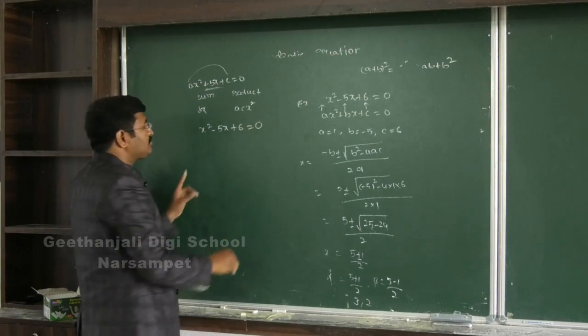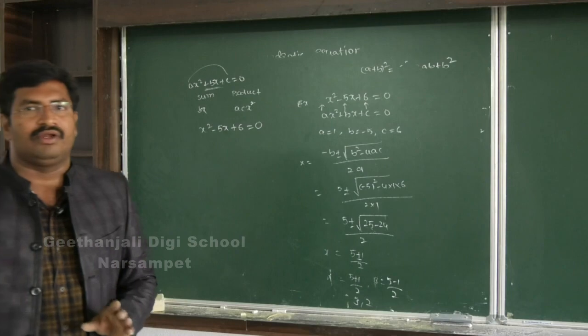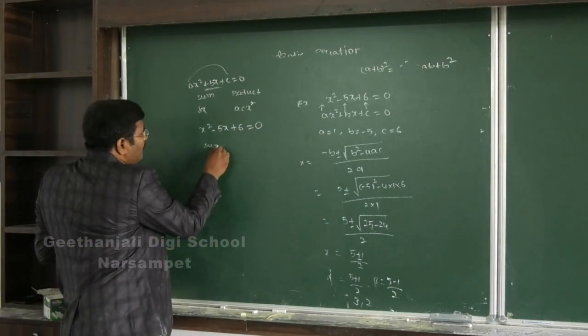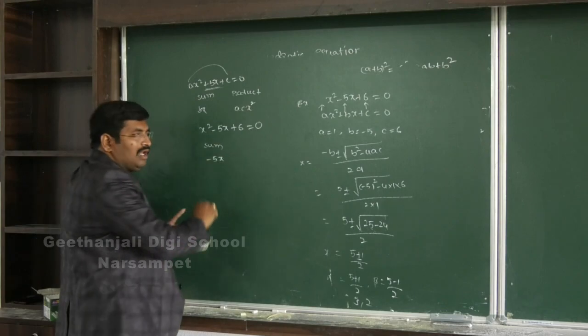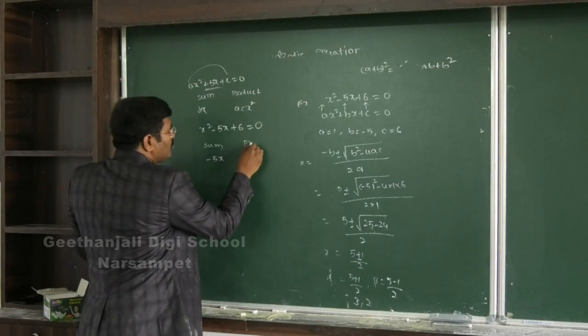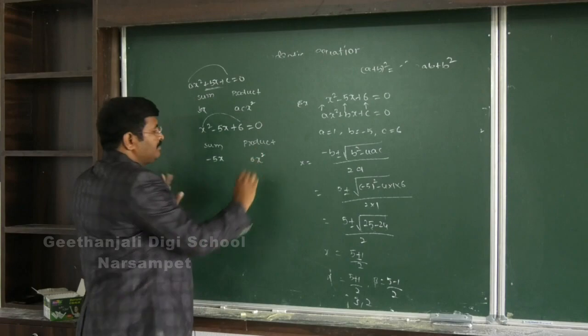For the same problem, x square minus 5x plus 6 is equal to 0, the sum should be minus 5x. If you add any two terms you should get minus 5x, and if you multiply the same two terms you should get 6x square.